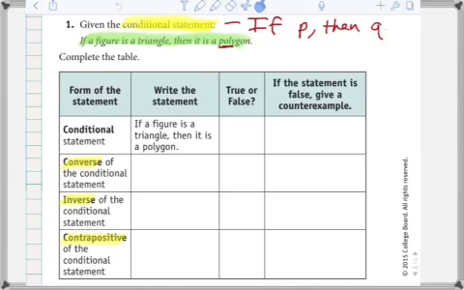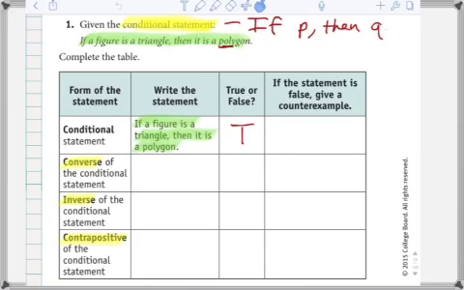What we're going to do with this chart is come up with these statements and then decide whether a statement is true or false. The first one is: if a figure is a triangle, then it is a polygon. Well, we just said that a polygon has three or more sides, and a triangle has three sides, so this statement is absolutely true.